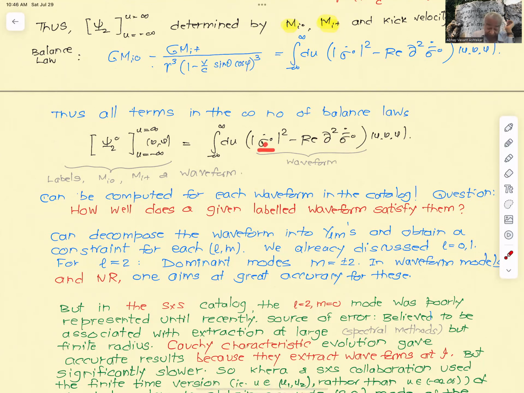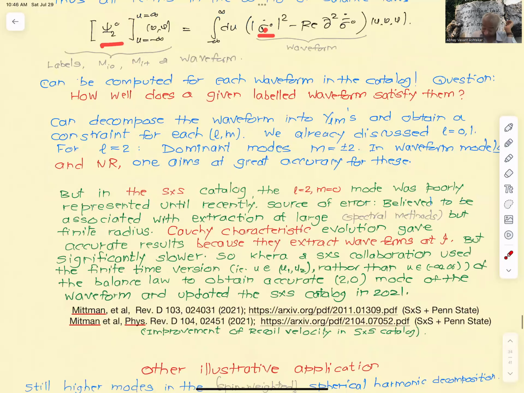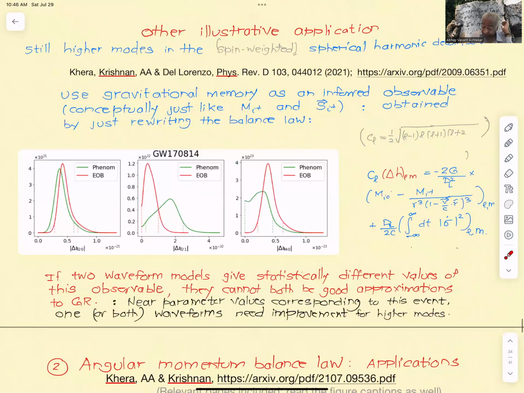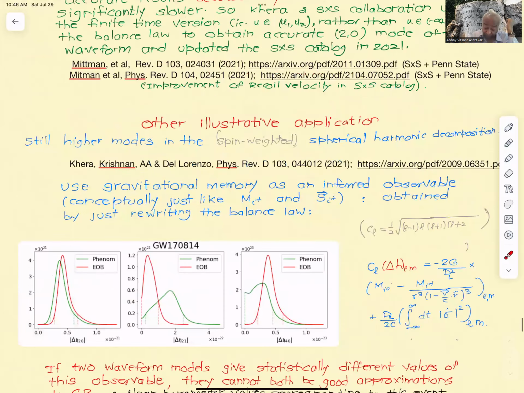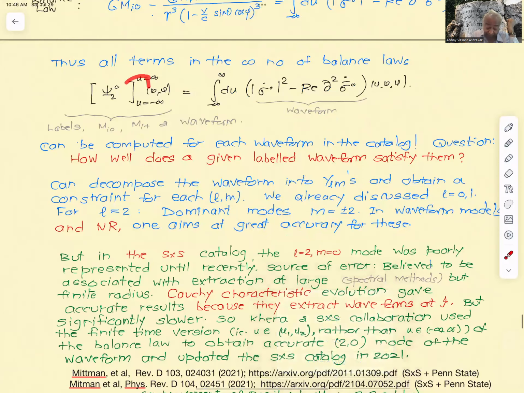So I can calculate the memory by taking this on the left-hand side. The waveform model gives me this, the waveform model gives me this, so I can just calculate that. That is what is done up here. This is just a numerical constant. This is the change in h. h is the same as sigma. So this is the change in sigma in going from u equal to minus infinity to plus infinity. And that is equal to this: I moved this term, and then I moved this second term to the left-hand side.